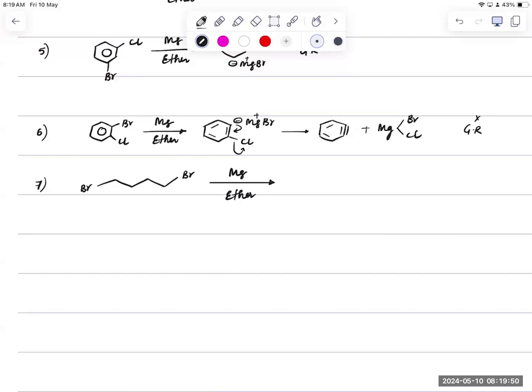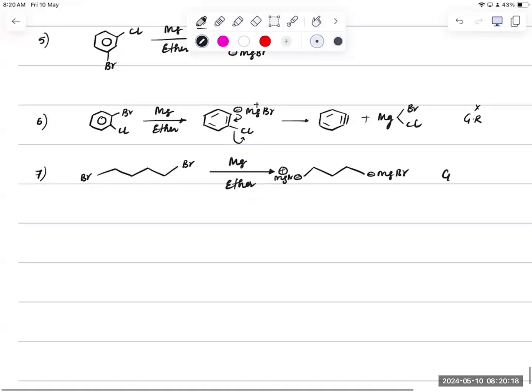So in this case, Grignard's reagent will be formed on either side. You'll get this as minus MgBr plus, and here we will have 1, 2, 3, 4, and then we have minus and MgBr plus. Okay. So Grignard's reagent will be formed in this case.